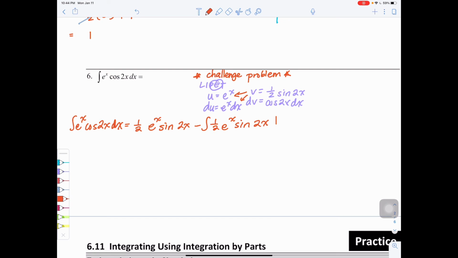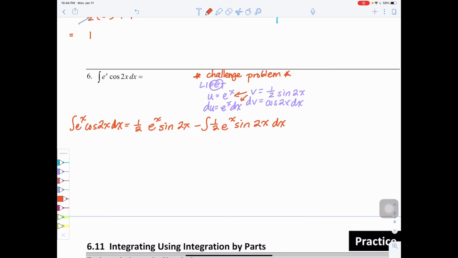Let's see. uv minus the integral of v du.